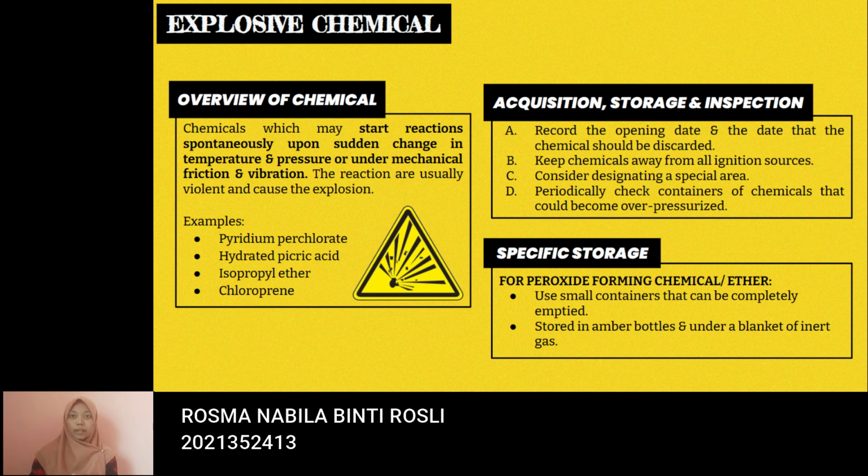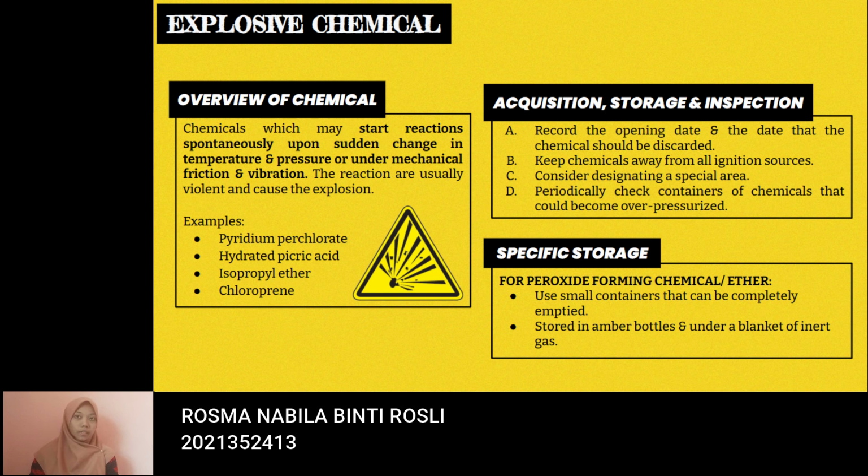Acquisition, storage, and inspection. Firstly, record the opening date and the date that the chemical should be discarded on the label of the chemical. Next, keep the chemical away from all ignition sources such as open flame, hot surfaces, spark sources, and direct sunlight.